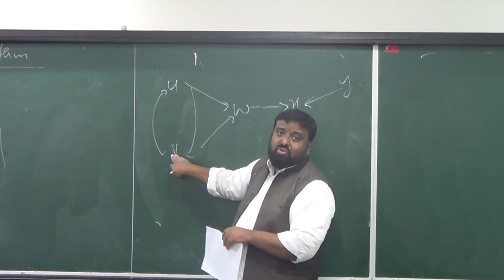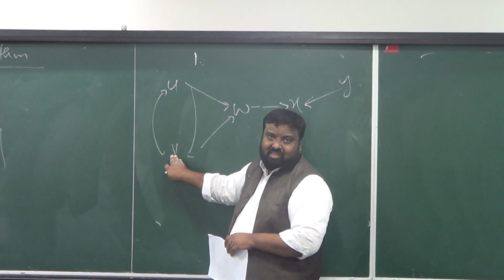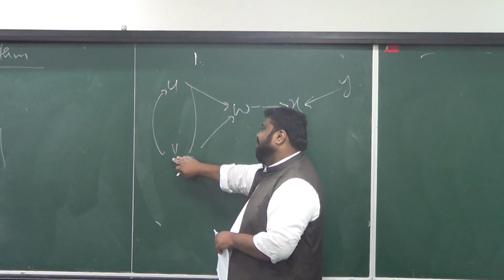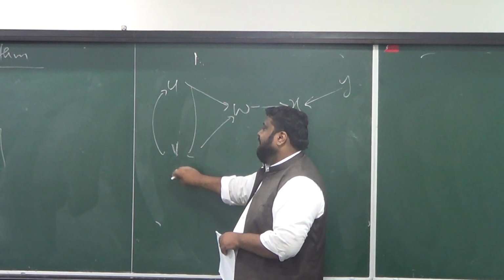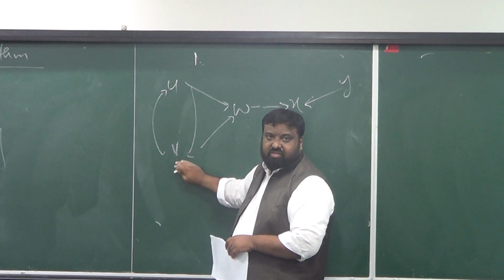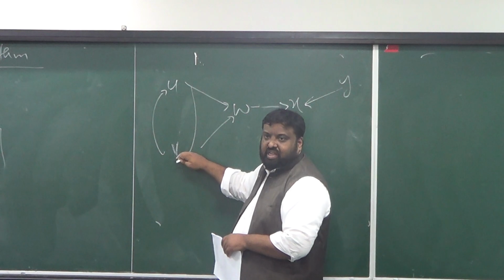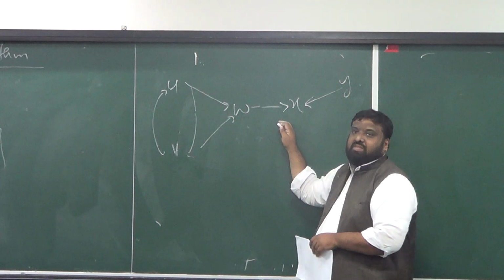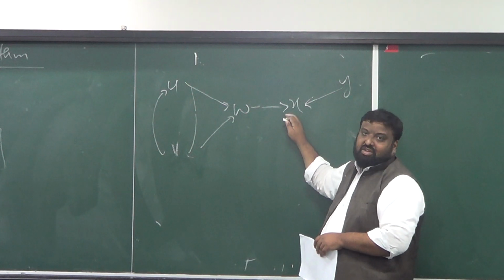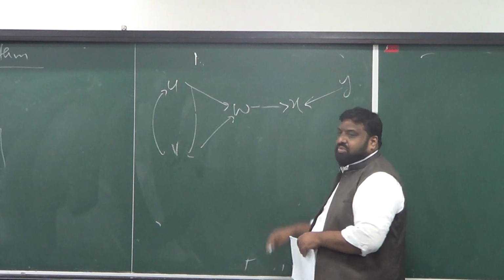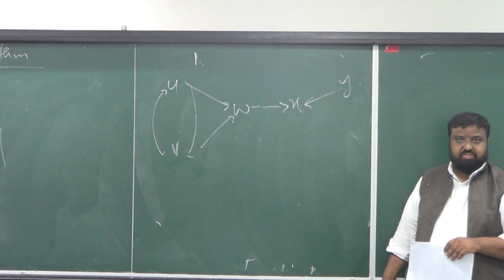It may start from any of these websites, from any state. Go from V to U and U to V, then V to W and W to X. Within X, it is not going to go anywhere. It's going to stay there, and then Y to X and so on. So you have this random surfer.